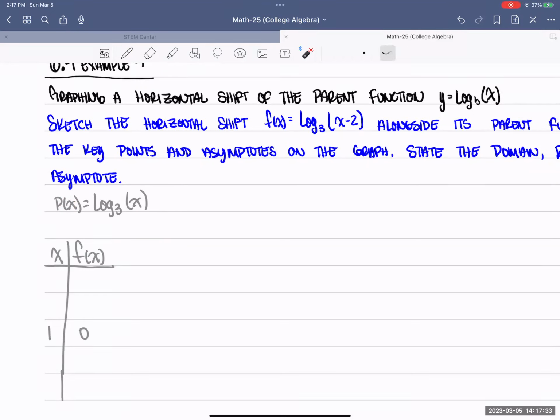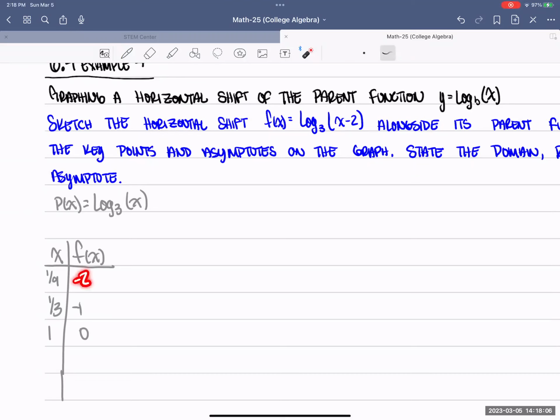And let's go down: an output of -1. 3 to the power of -1 gives us 1/3. And let's try an output of -2. 3 to the power of -2 gives us 1/9.